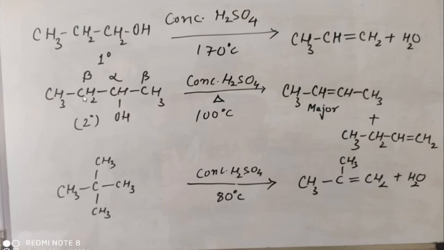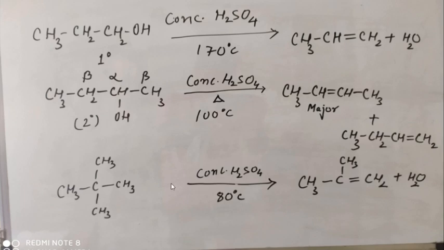The beta carbon having the fewer number of hydrogens and OH are removed as a water molecule to produce 2-butene as the major product. So it always follows the Saytzeff rule, and this is the minor product, 1-butene.